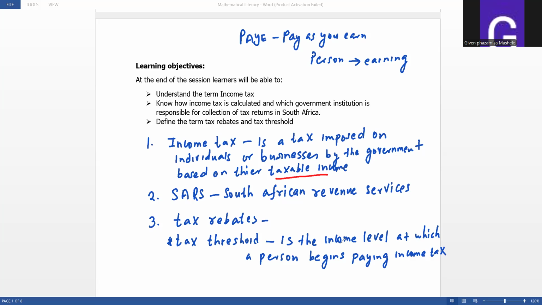Right. Which means that one must be able to know what a tax threshold is and what a tax rebate is. Right. What is a tax rebate?